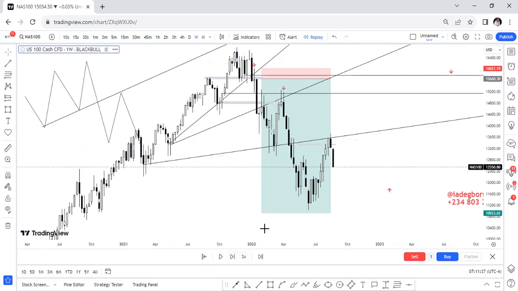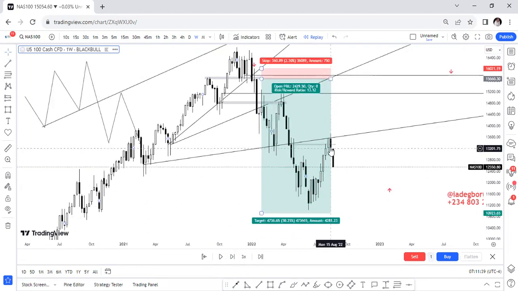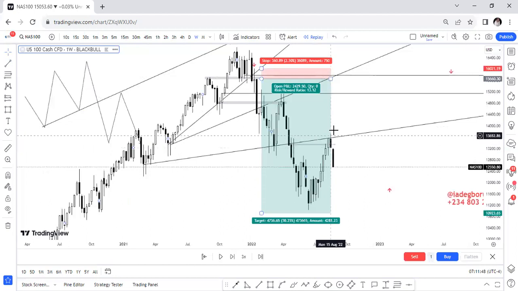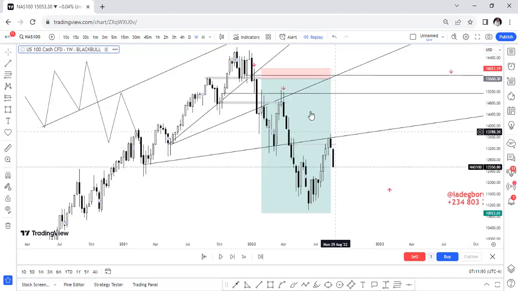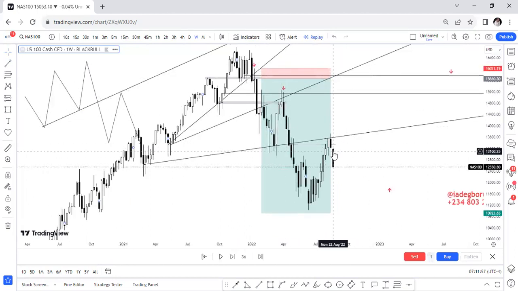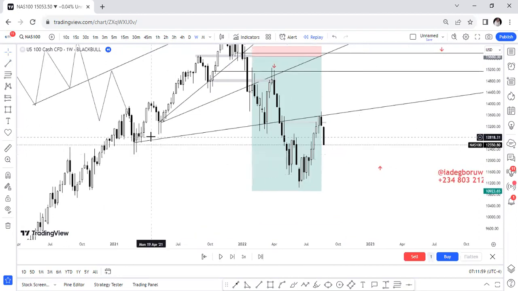Can you see that? Engulfing. It's a drop. The exact same play with the trend line. You hit the trend line, it will not close above it. As long as the price does not close above it. Engulfing, engulfing. This is the weekly time frame, right?